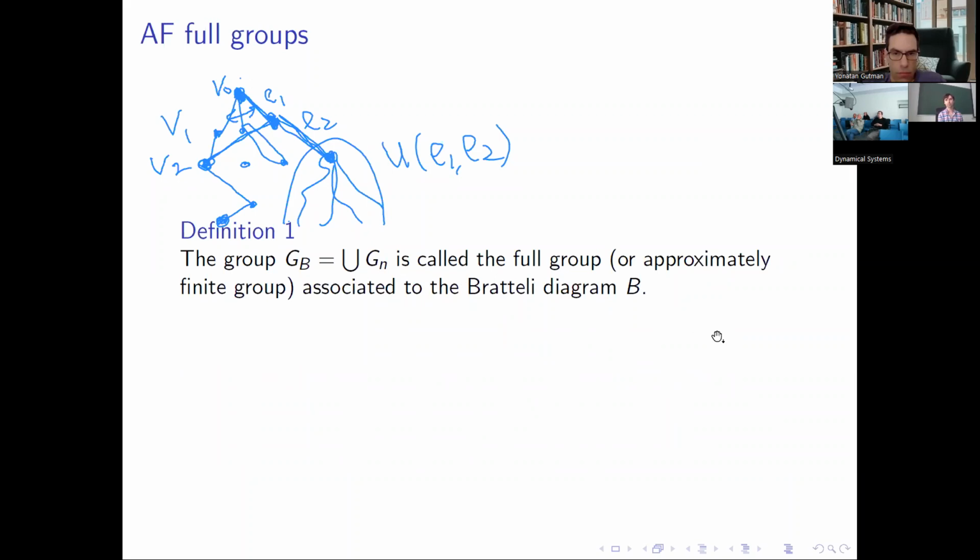We call it the full group, or approximately finite group, associated to the Bratteli diagram B. Initially, full groups were defined as groups of homeomorphisms or Borel transformations preserving orbit equivalence relations. The initial definition was due to Dye, and these groups are similar in the sense that they have similar properties.